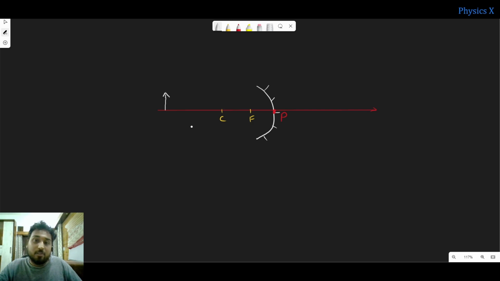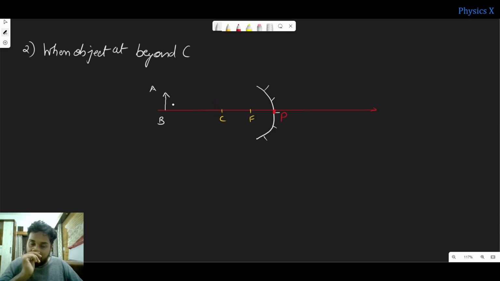This is your object AB. So I am taking the second case, when the object is placed beyond C. That means not at C, but somewhere far away from C, though not as far as in the case of infinity.